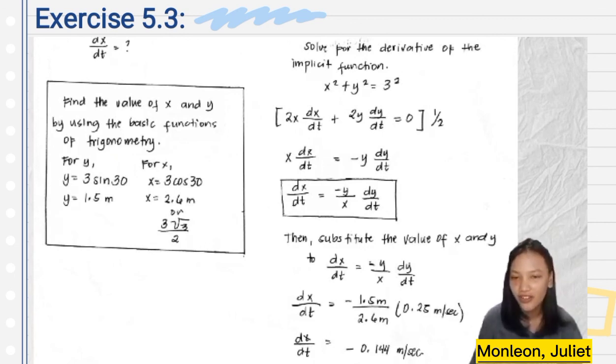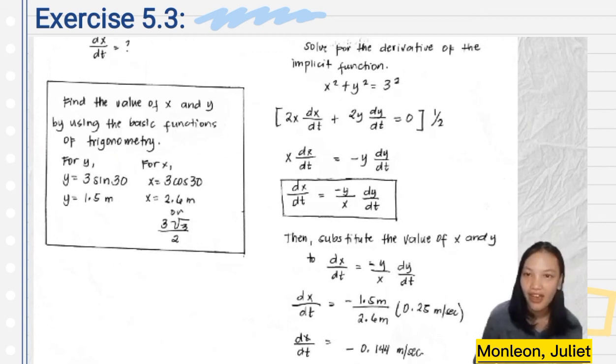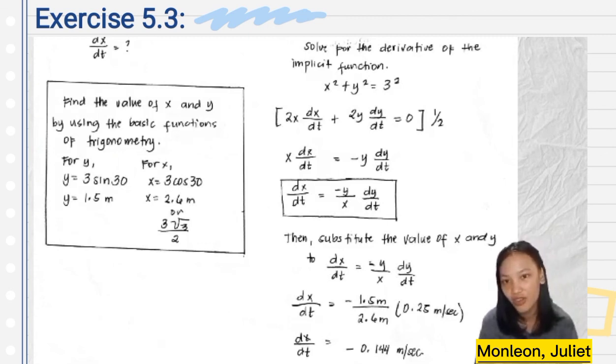So next, for the value of x, we know that based on the representation above, x is a cosine, since we all know that cosine is equal to adjacent over hypotenuse. So the 30 degree is a cosine.